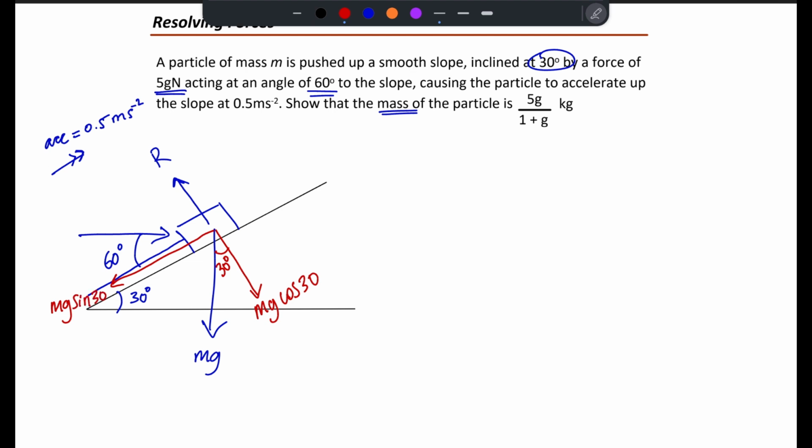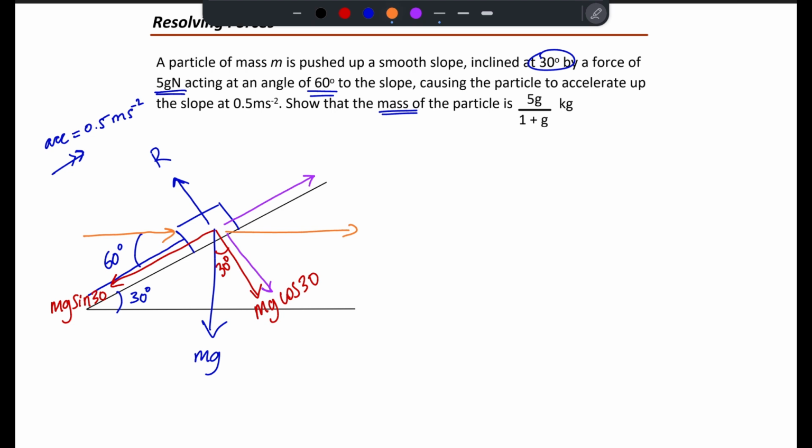So that's been resolved. And then we want to resolve this force here, which I'm just going to make orange just to make it clearer. When we resolve that, essentially it's the same as resolving it into the two purple components. So it's going to be up the slope, but also some component of it will be down the slope.